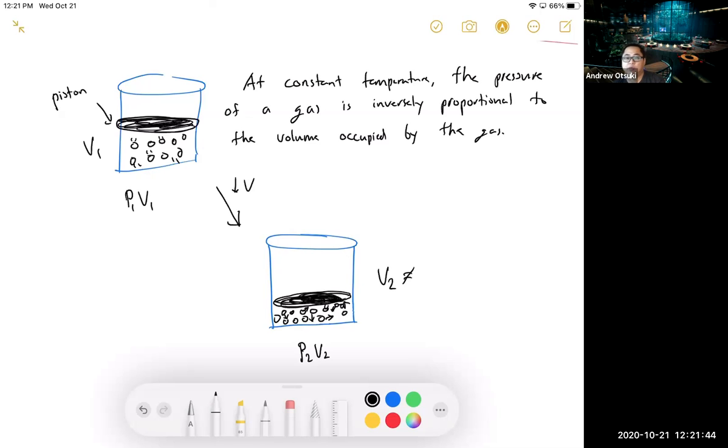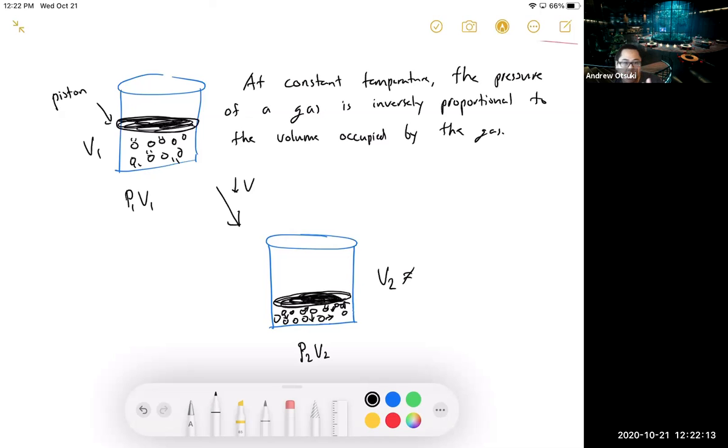So the frequency at which they hit the walls at any given time will be increased relative to the original conditions where the volume was much bigger. That increased collision frequency with the walls of the container, or the piston, increases the pressure.